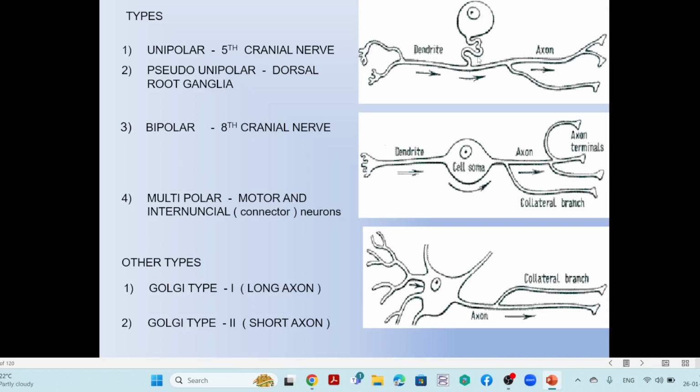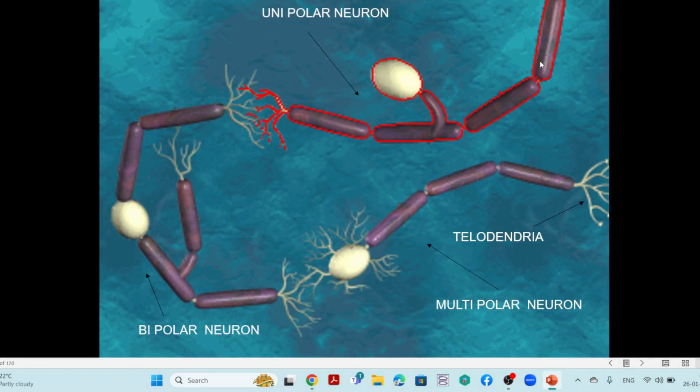That single process is further divided into two divisions. Among that, one becomes a dendrite and one becomes an axon. That is the unipolar neuron.